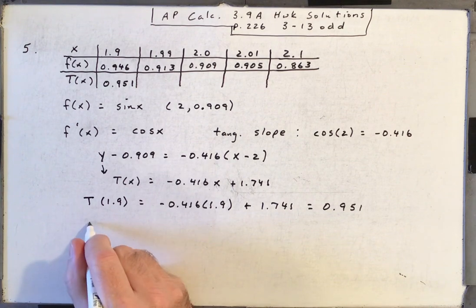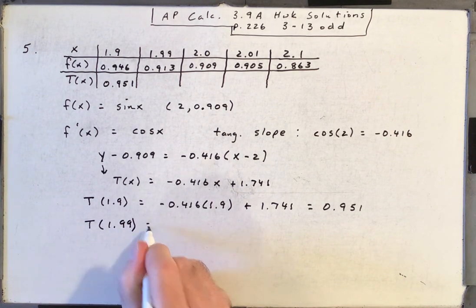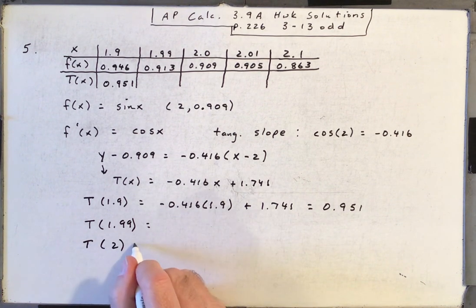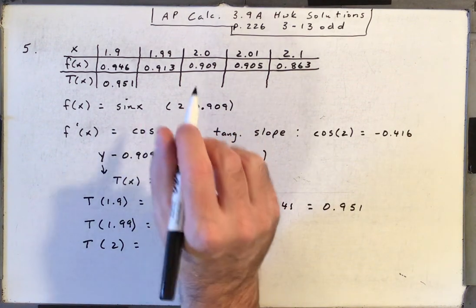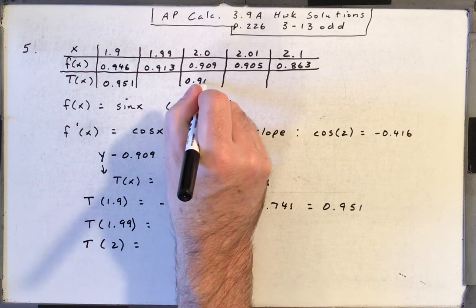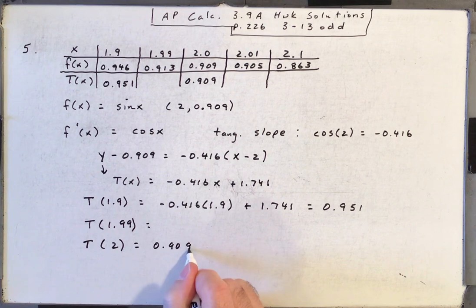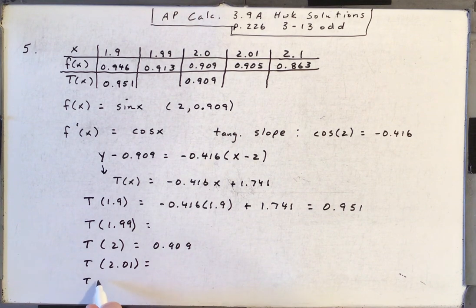And then you would do that for all the rest: 1.99, t of 2, which is going to be 0.909 because those are equal, t of 2.01, and then t of 2.1.